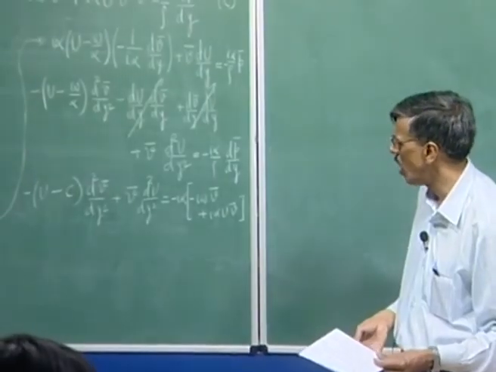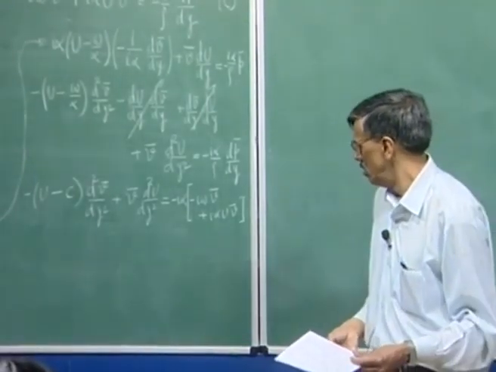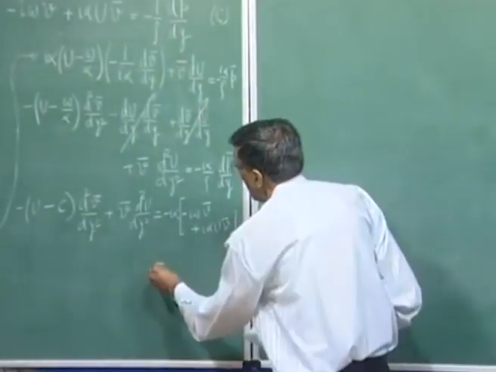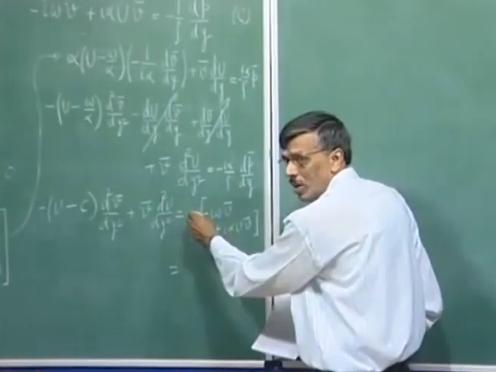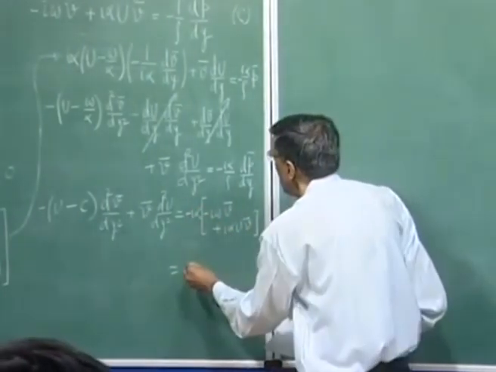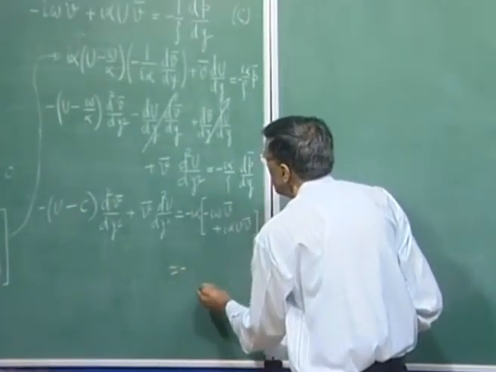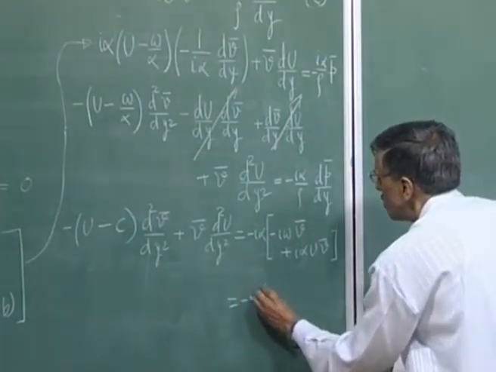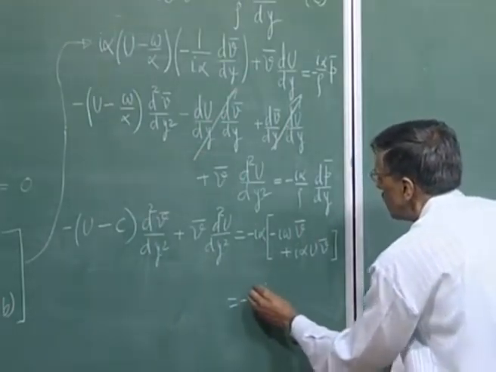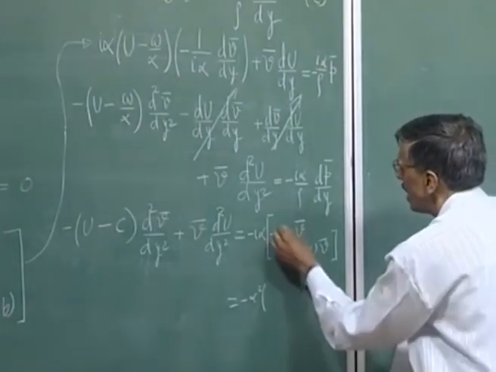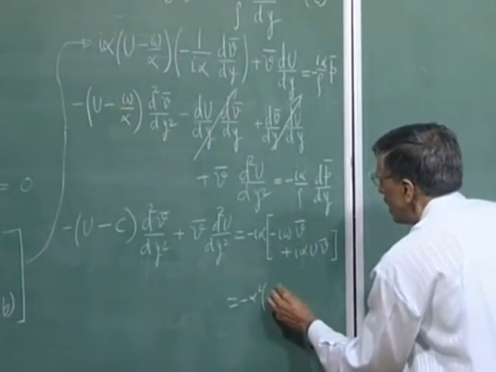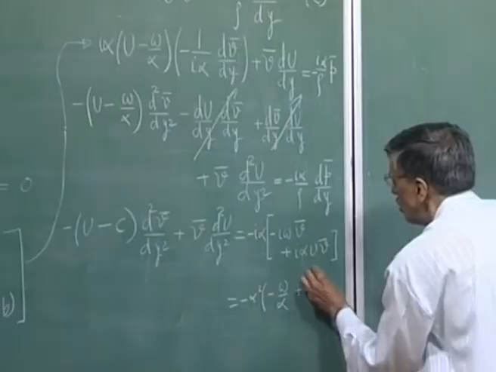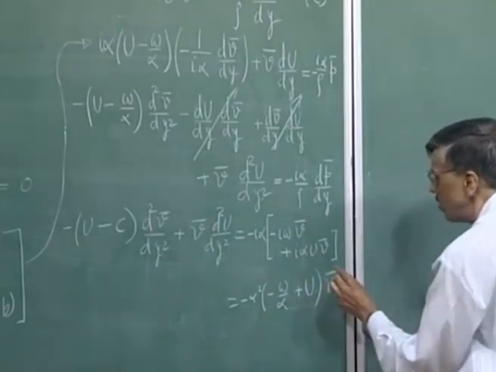Right. So you can see here also, on the right hand side I could borrow that I out, and I square will give me minus 1. So I will get minus alpha, within parenthesis. If I make it alpha square, then here I will get minus omega by alpha, and here I will get plus u, and that will be multiplied by v bar.